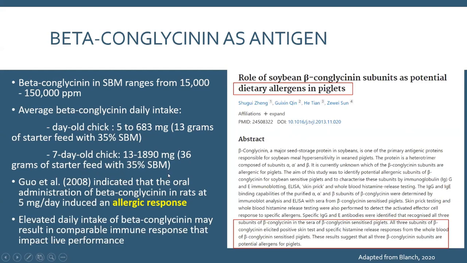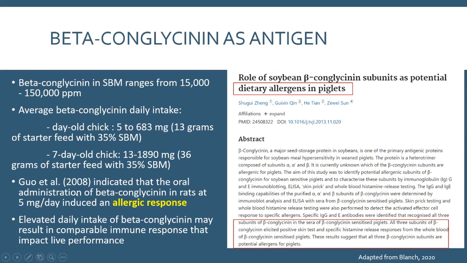Although we are feeding high levels of soybean in the diet, we don't know how much of that, let's say we incorporate 30 to 35% soybean meal. We don't exactly know how much is the beta-conglycinin content in such a way that we can determine, let's say, the protein content of the diet. We cannot determine the beta-conglycinin content of the diet.